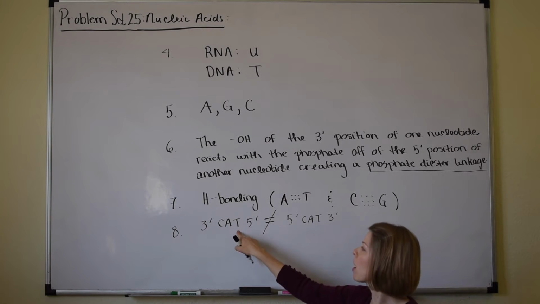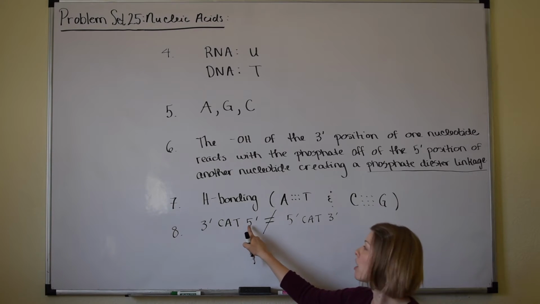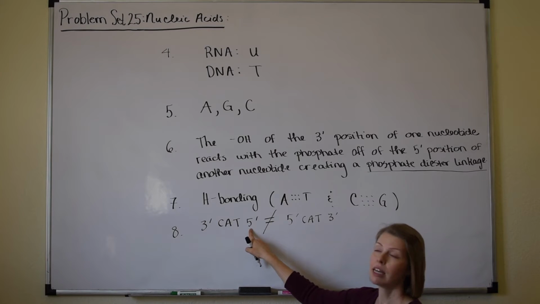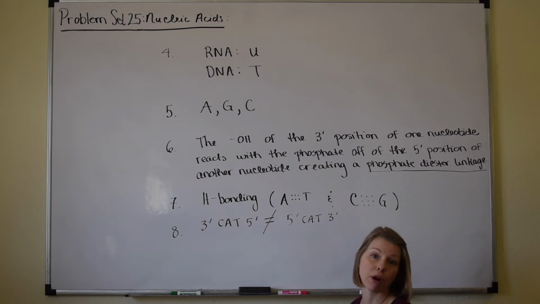And you can say the same thing about thymine. In the first, thymine is going to have a free phosphate because it's your 5' end. But in the second, thymine has a free OH because it's the 3' end.